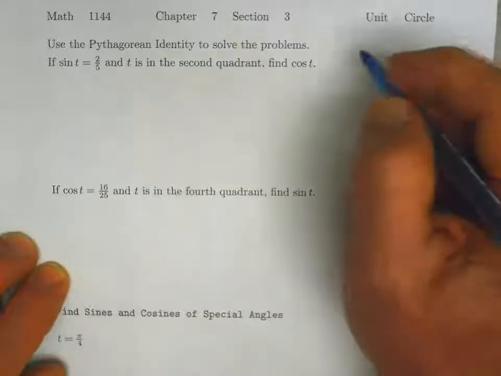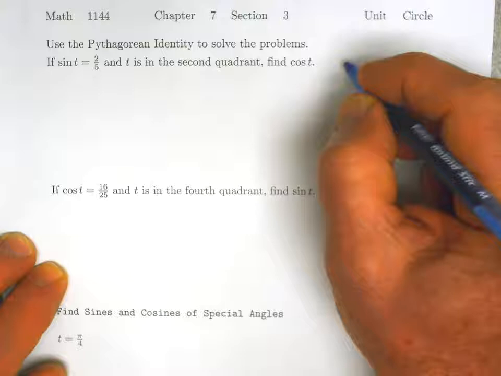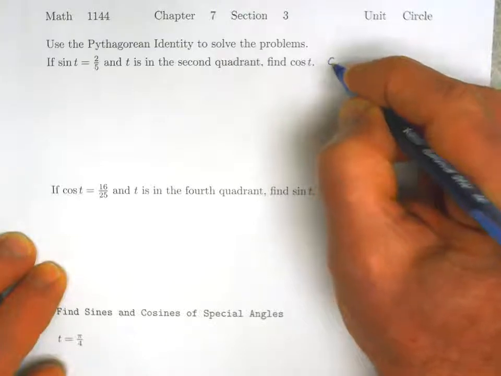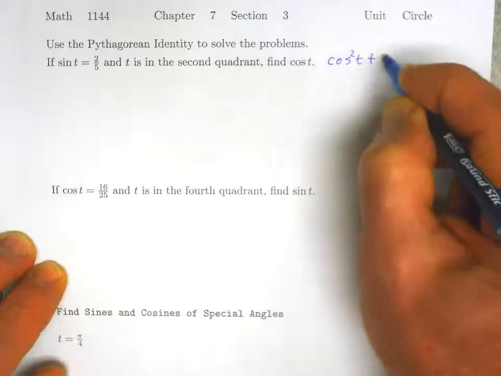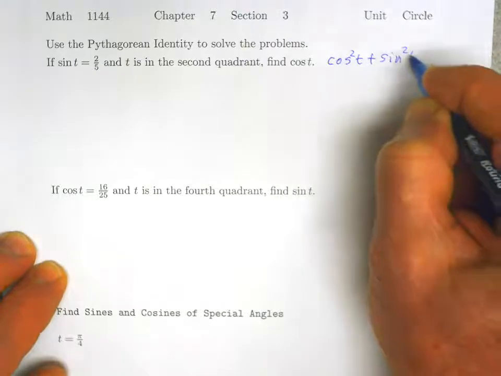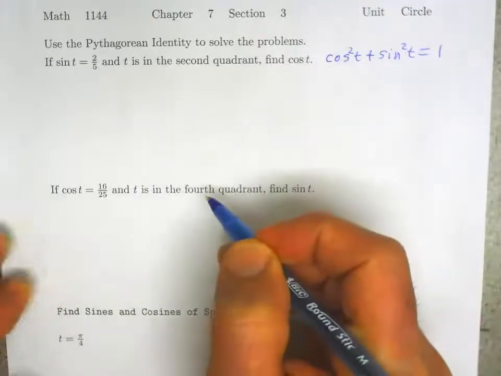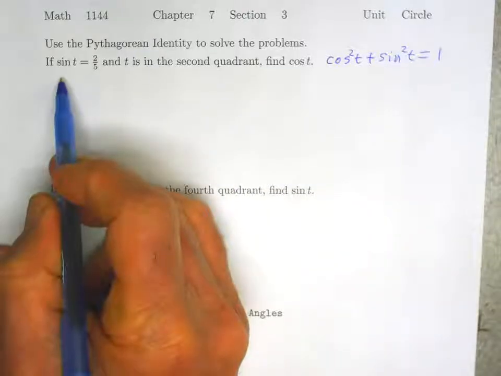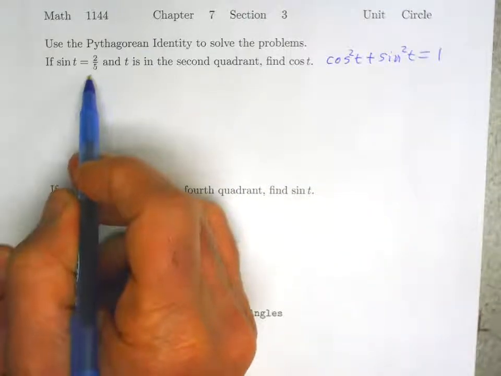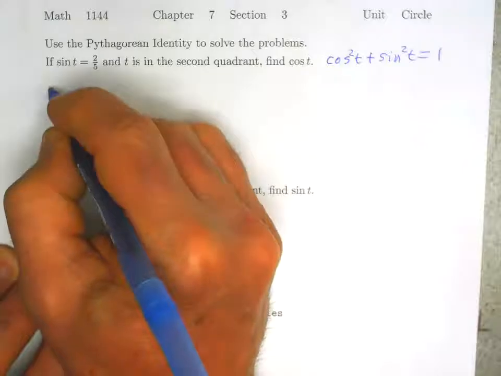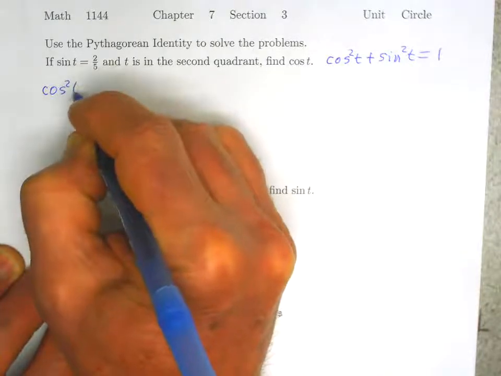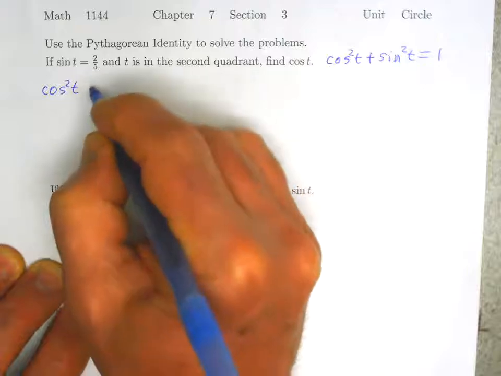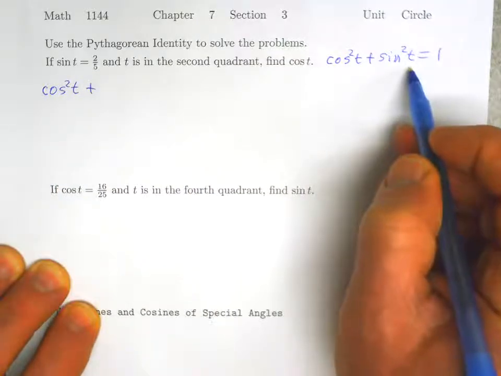Okay, so I'll rewrite the Pythagorean identity over here: cosine squared t plus sine squared t equals 1. So if sine of t is equal to 2/5, then we can replace sine of t with 2/5.